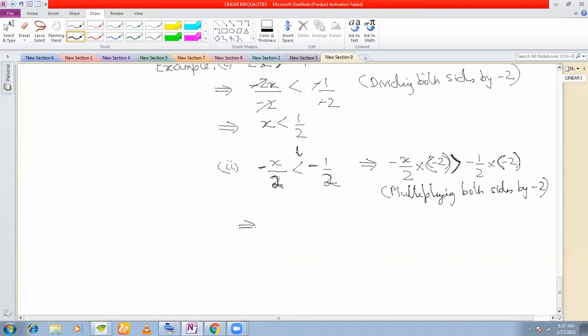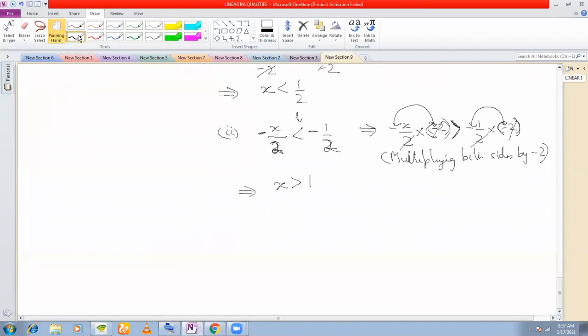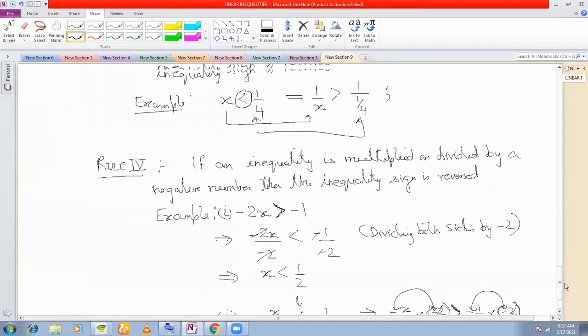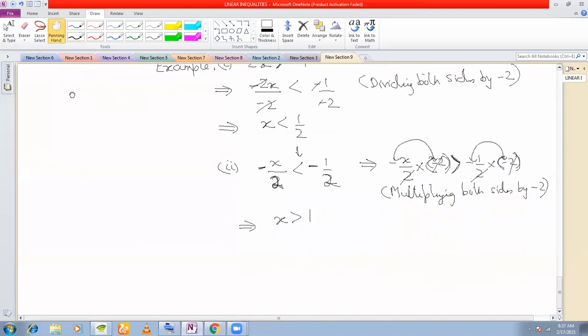In the next step, this minus and this minus will combine to give you a plus. This 2 and this 2 will cancel. So you simply get x greater than 1. And obviously on the right hand side, these two minus signs will also combine to give you a plus sign. Is this rule very clear? Yes, sir.